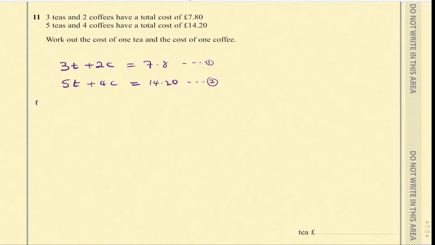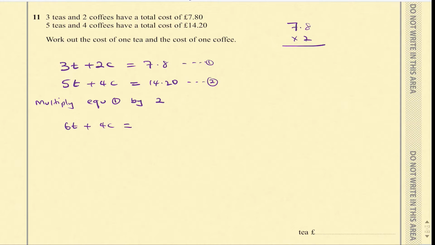So I'm going to multiply equation 1 by 2, and that gives me 6t plus 4c equals, now 7.8 times 2 will be, let's just do that, 7.8 times 2.